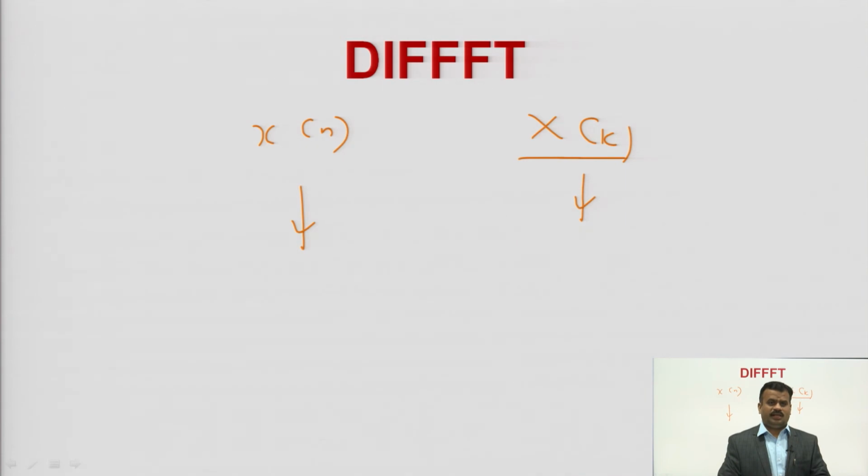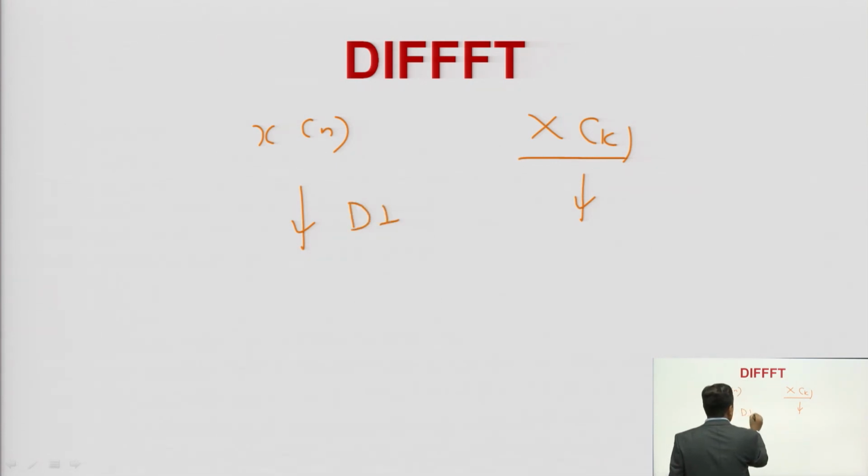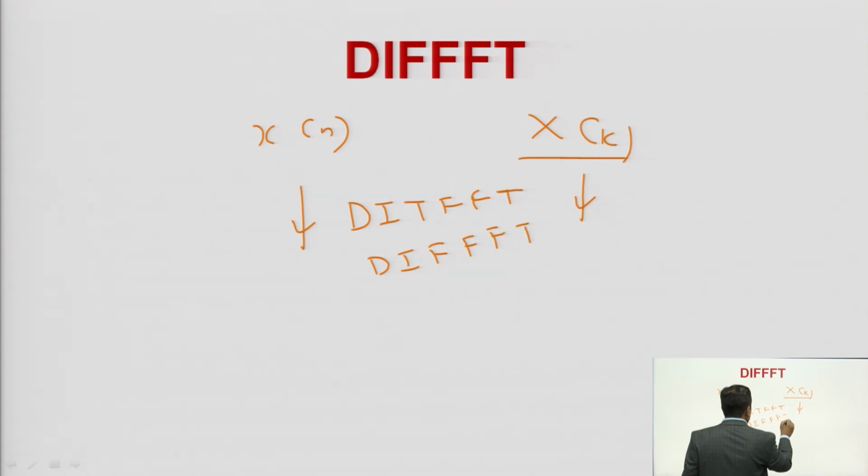In DITFFT you can say you are splitting your time domain sequences, and in DIFFT you are splitting, decimating or decomposing your frequency domain sequence, and you are calculating both times your Fourier transform of discrete time sequence.